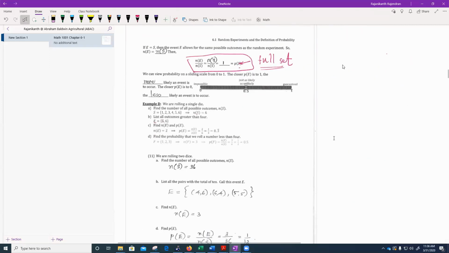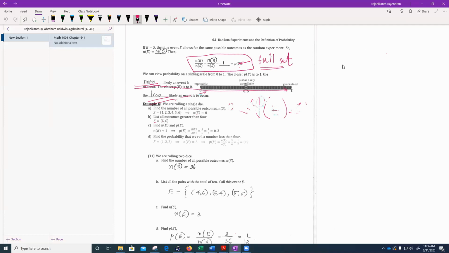Now, these two are more likely to happen, less likely to happen. If for sure this event is going to happen, the probability maximum should be 1, right? For sure, if you know the event is not going to happen, that means the probability is 0. That means the probability of any event E is always bounded by two numbers, 0 and 1.